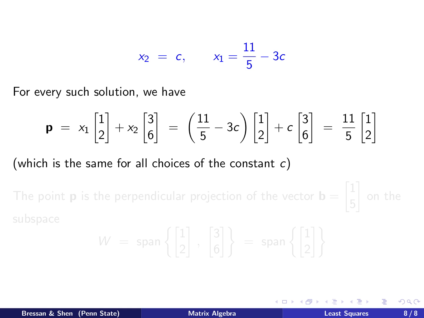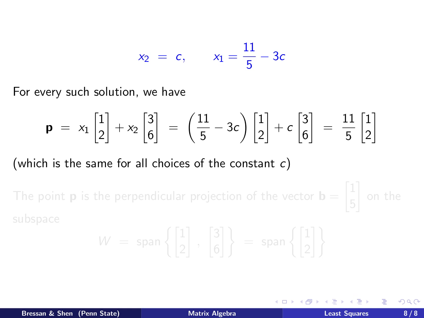Okay, let's take a closer look at the solution. The solution is x2 is c, arbitrary, x1 is that, and what does that equal to? Well, the projection is now x1 times column vector 1 from A plus x2 times column vector 2 from A. Then we put in the expression of x1, which is here, and x2, which is c, and we add up these two vectors, and we see that the term containing c will be cancelled out.